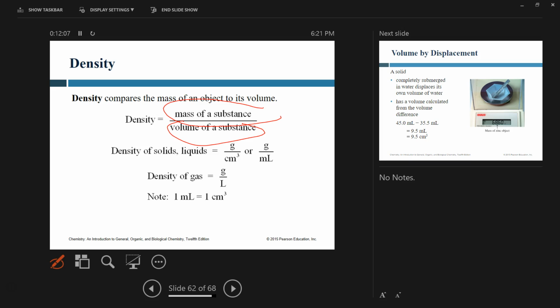Does that make sense to you? Now I want to take a pause for a second and become as visual as possible. You already know that all substances consist of atoms or molecules. Does that make sense?